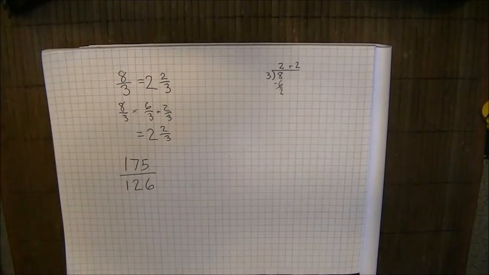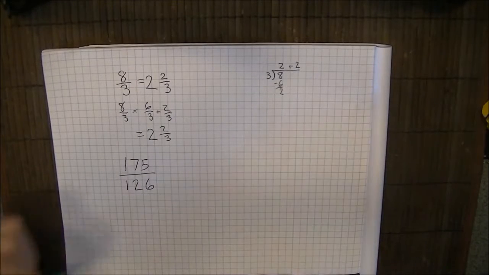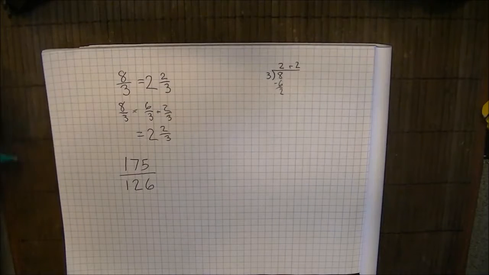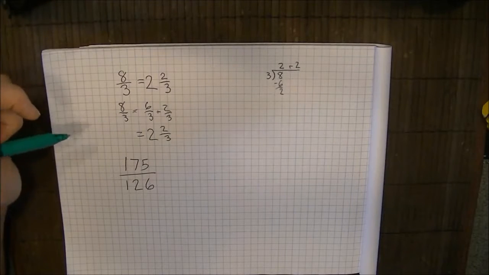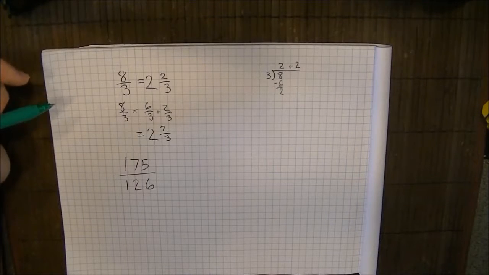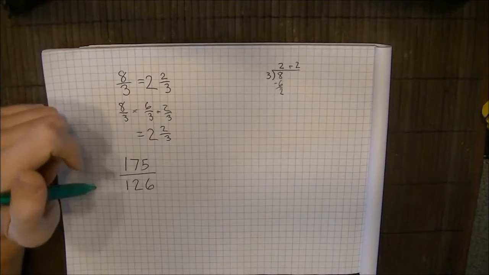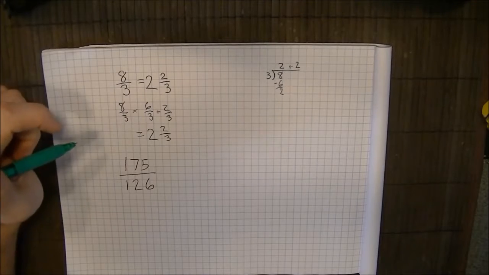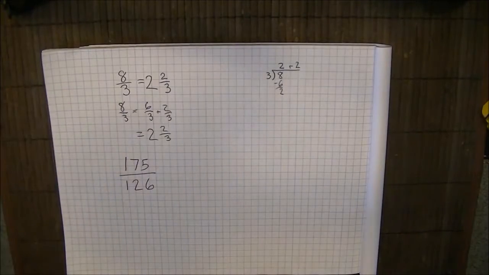So how do we go about solving this as a mixed number? This is definitely an improper fraction, so how do we turn it into a mixed number? Well, one of the first things that we can do is get it into lowest terms, because we know the prime factorization of these numbers.